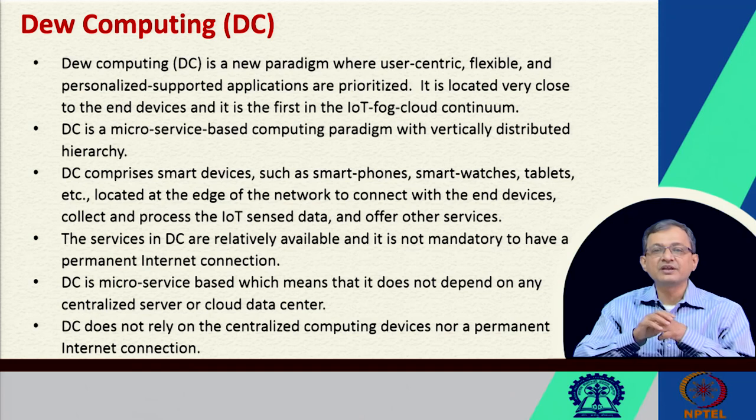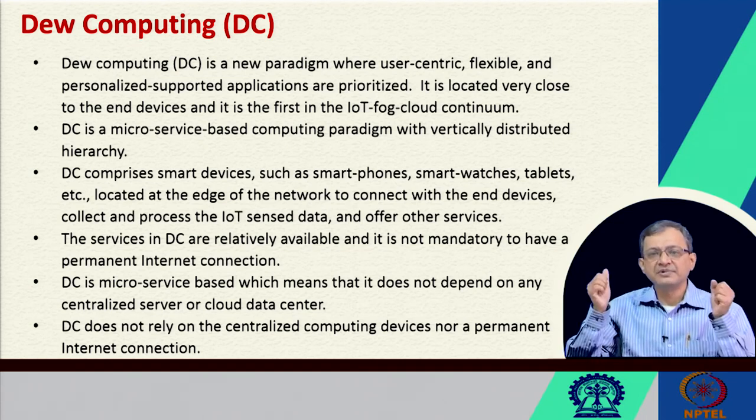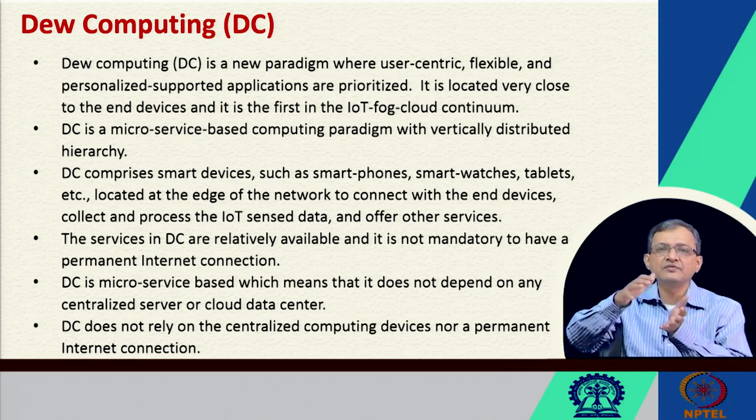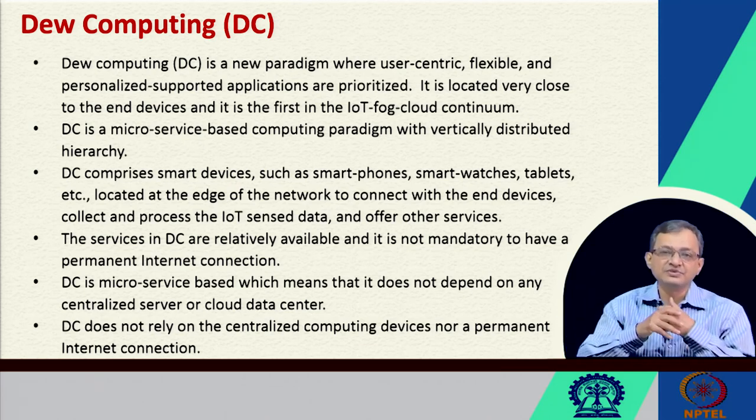It is located very close to the end devices, and it is looked at as part of the IoT fog cloud continuum, right. If we see the IoT fog cloud continuum, it is the first thing from the user end which you attempt to interact with, right.